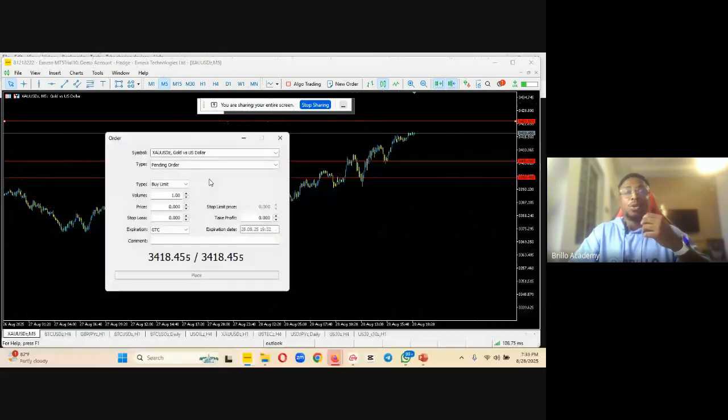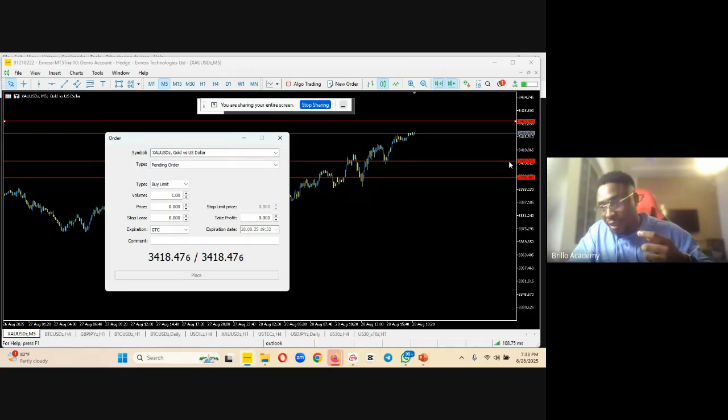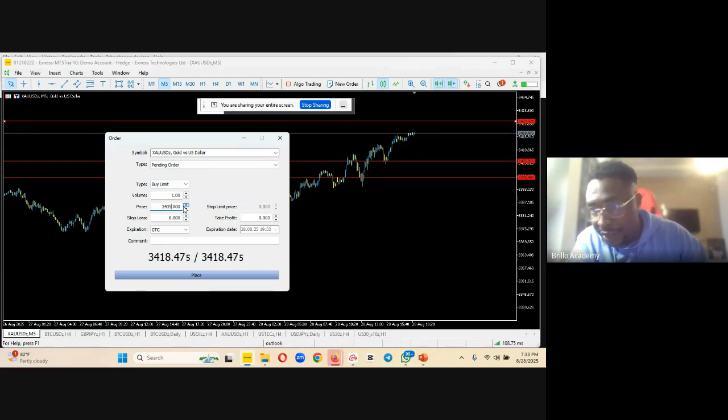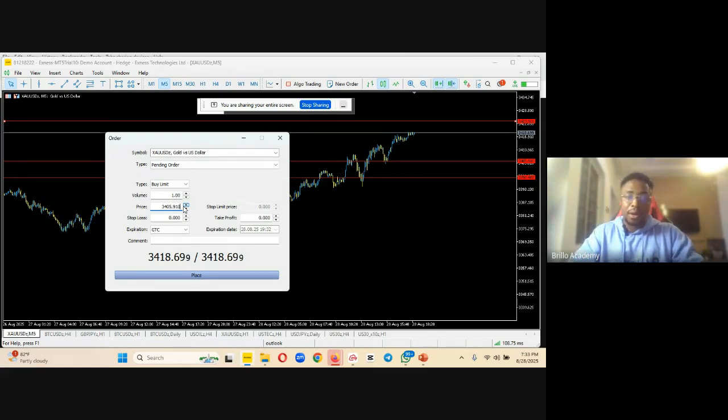So the next thing I want to do is to get the price level for the buy limit. So this is the price level for the buy limit. So I'm going to come to price and I'm going to type it in. I'm going to be using 3405.910. Okay. So this is the price for my buy limit.